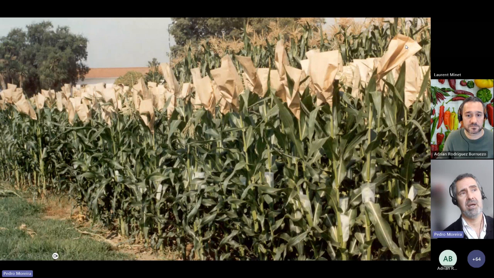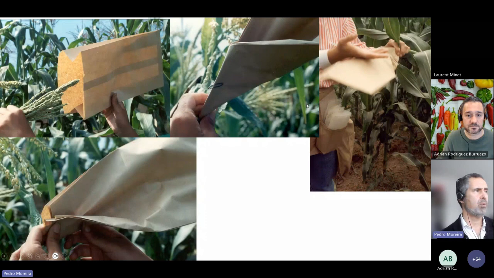For instance, before, we didn't know if, when we were preventing the pollen from outside to be inside, this tassel is full of pollen from the outside. And if so, there's a problem when you do the pollination.